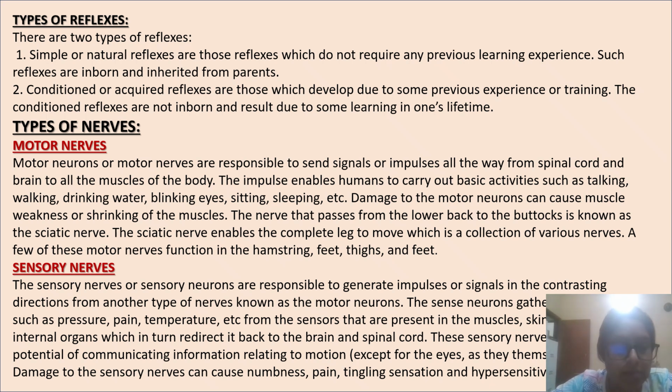Next, sensory nerves. The sensory nerves or sensory neurons are responsible for generating impulses or signals in the opposite direction from another type of nerves known as the motor neurons. The sensory neurons gather information such as pressure, pain, temperature, etc. from the sensors that are present in the muscles, skin, and internal organs, which in turn redirect it back to the brain and spinal cord.